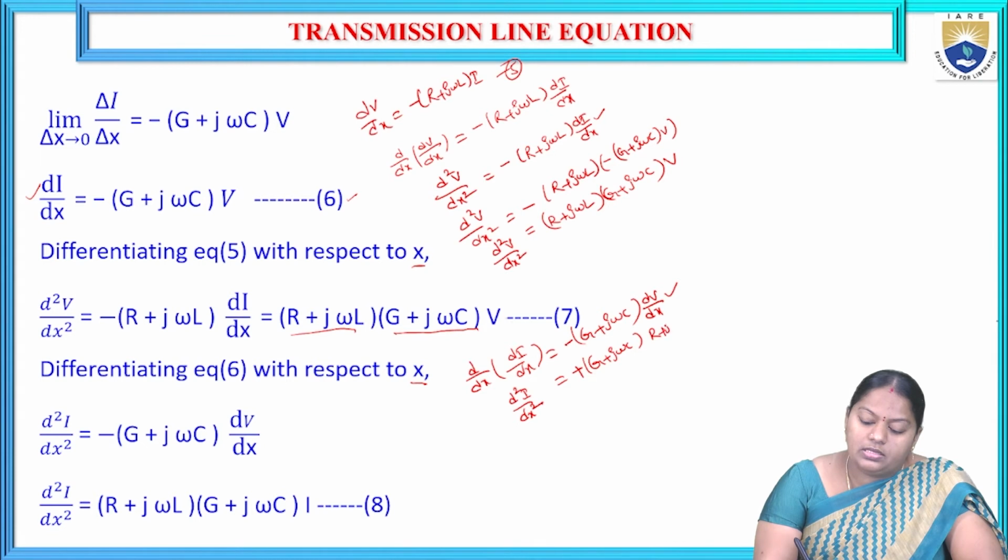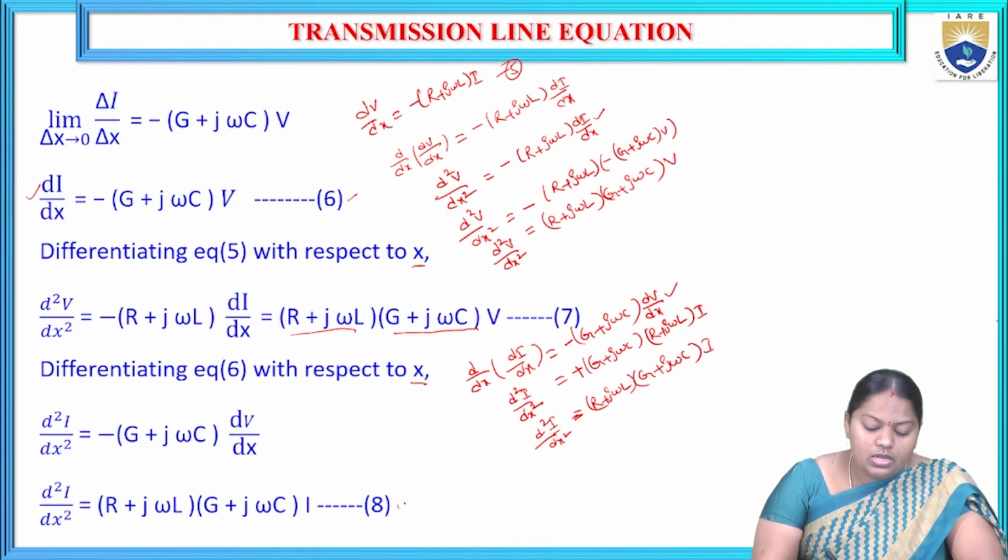Then r plus j omega L into I is left out, which gives d square I by dx square equal to r plus j omega L into g plus j omega C into I. Right? So that is equation number 8.